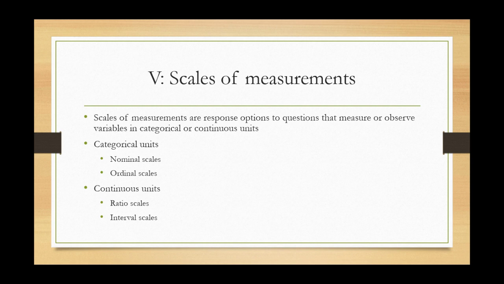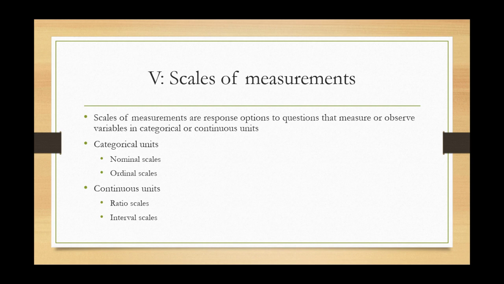These scales have an implied intrinsic order. For example, performance in a race for runners, they can be from the first to the last. So there is a kind of order of importance.